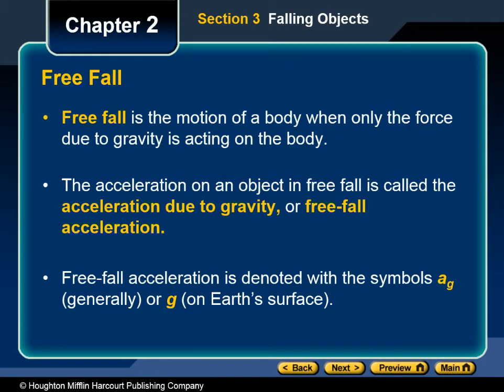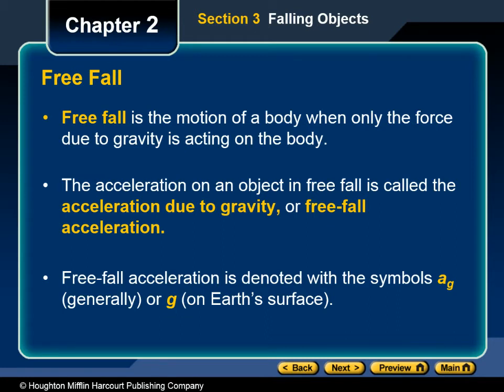The acceleration due to gravity is noted with the symbols a sub g, generally speaking, or g, as long as it's on Earth's surface. The magnitude of g is about 9.81 meters per second squared, or 32 feet per second squared. Unless otherwise stated, this book will use the value 9.81 meters per second squared for calculations. This acceleration is directed downward, toward the center of the Earth.